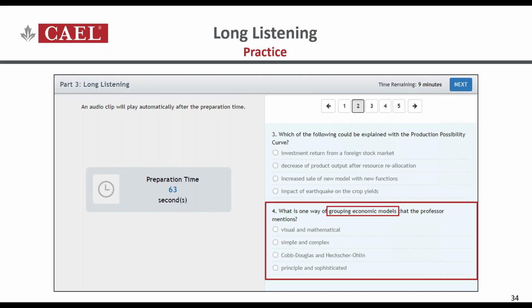Visual models, such as the graph we just saw, present things graphically using flowcharts and diagrams. Another distinguishing feature that differentiates models is what kind of data they analyze. For example, some models use previously observed data to simulate economic phenomena and to answer what-if questions by manipulating certain variables.